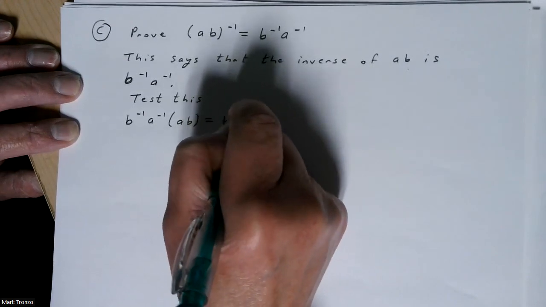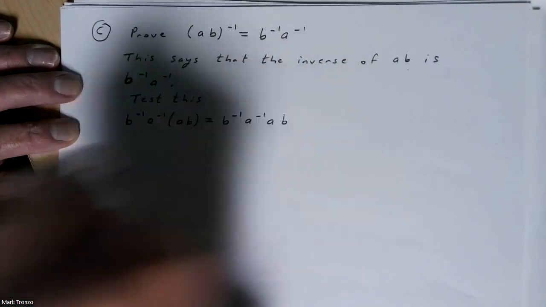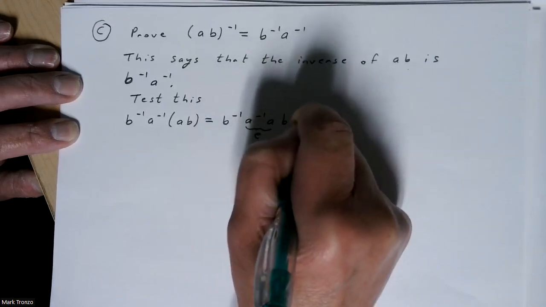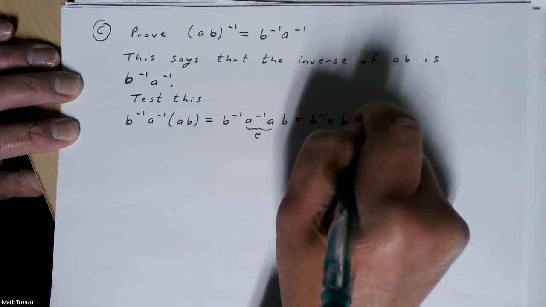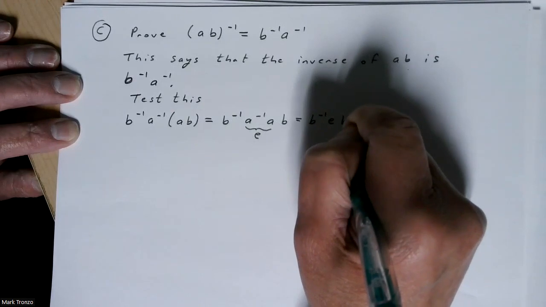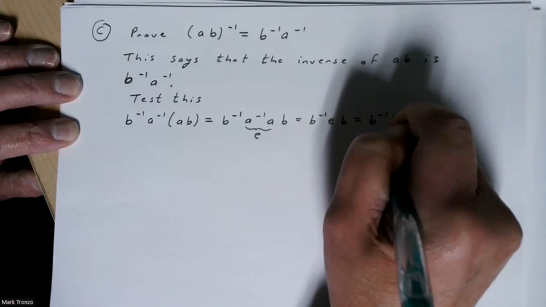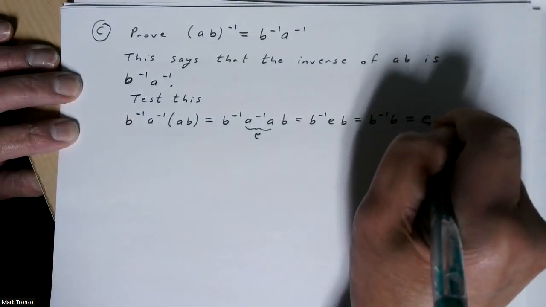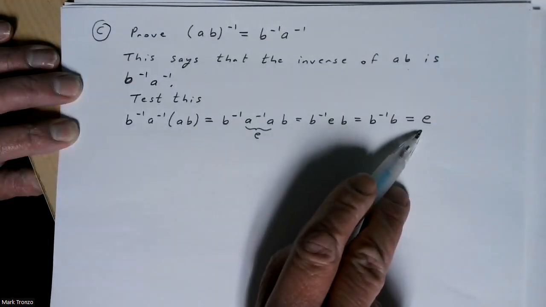That'll be B inverse A inverse A B. And of course, this is the identity element, E. This is B inverse E B. And then, of course, the identity times B is B. Of course, B inverse B is the identity. So we started with this and got the identity.